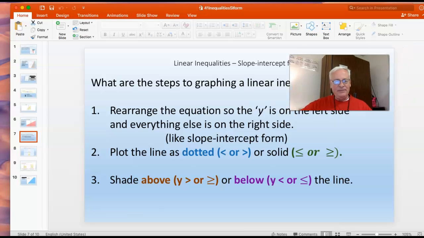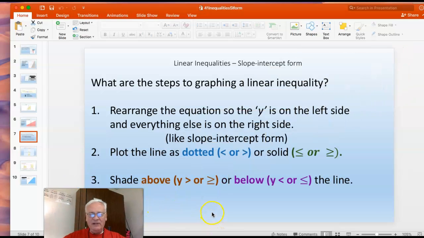All right, guys, what are the steps to graphing a linear inequality? First, rearrange the equation so the y is on the left side and everything else is on the right side, just like slope-intercept form. Then it's pretty easy to graph. You can use the slope and the y-intercept to see where the line goes.